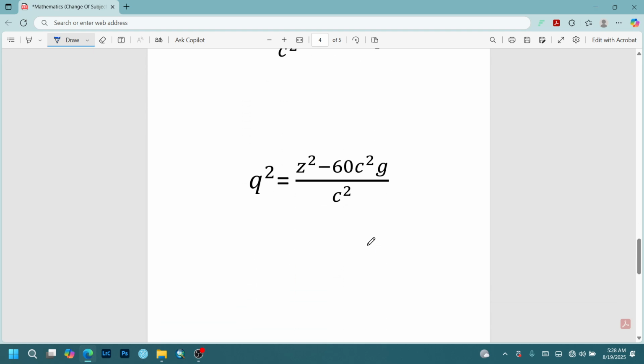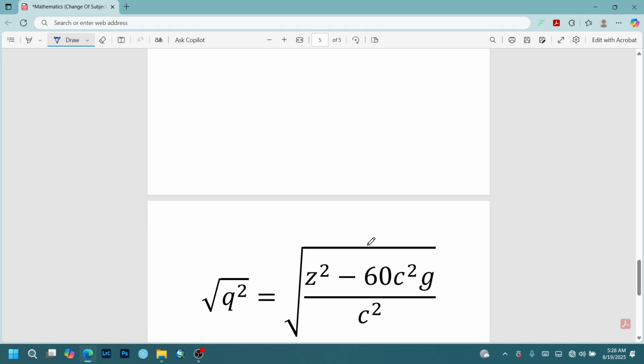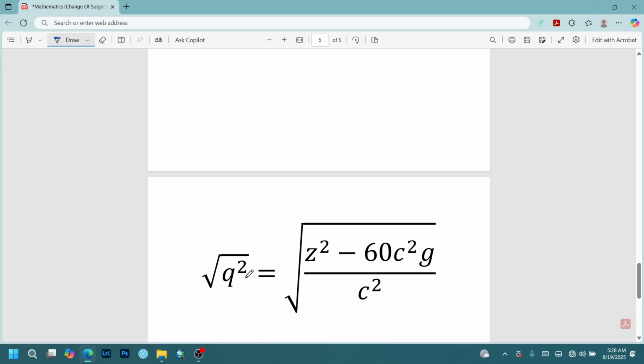Okay, so in doing so, we have our new equation to be the root square of k square equals the root square of the fraction z square minus 60 c square j over c square, right? So these two, we are trying to eliminate the square, right?